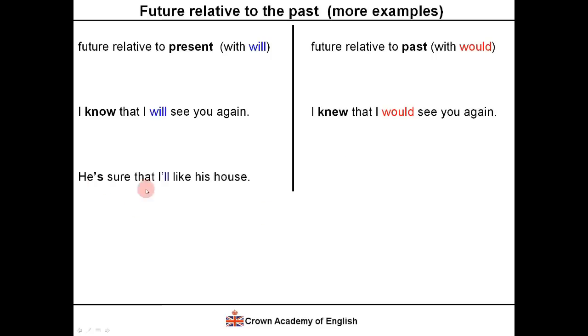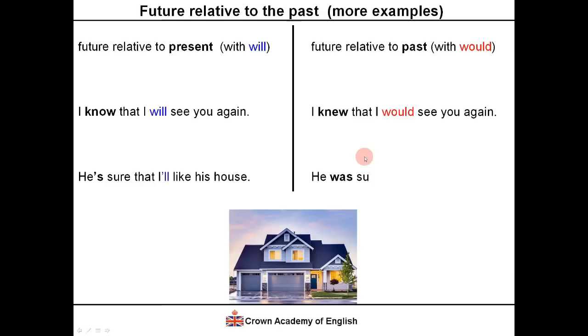Another example: he's sure that I'll like his house. Here we're using the contracted form. He's is the contracted form of the verb to be, which means he is, and I'll is the contracted form of will. He's sure that I'll like his house. And using would, so the future relative to the past: he was sure that I'd like his house.